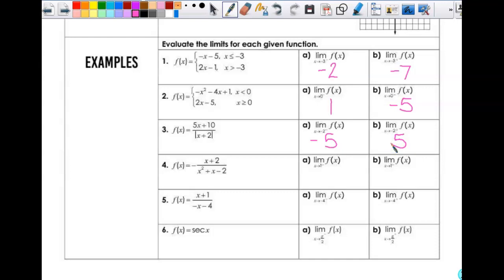Right. So you look at number 4. You try number 4. You're going to approach one from the left and one from the right. That means you have to actually look at your graph on Desmos.